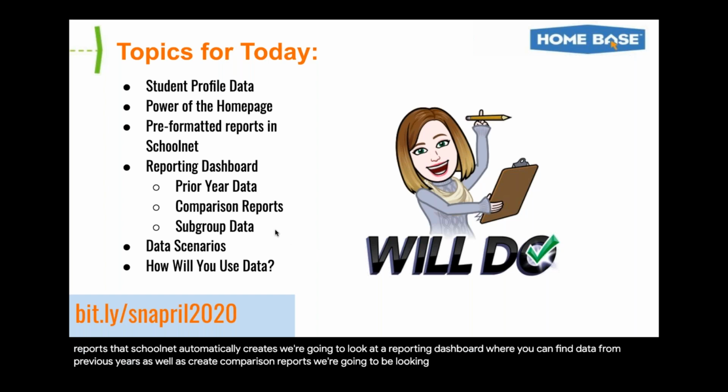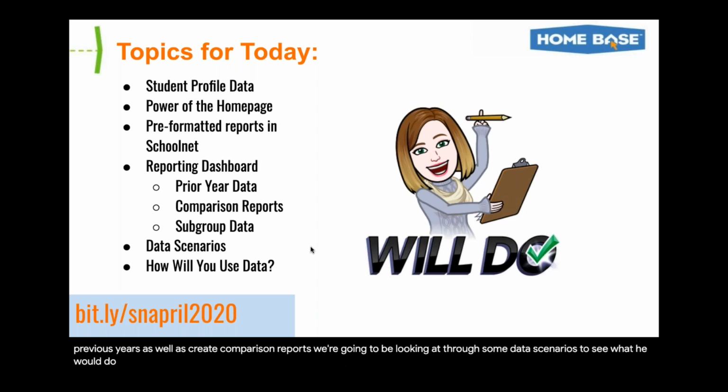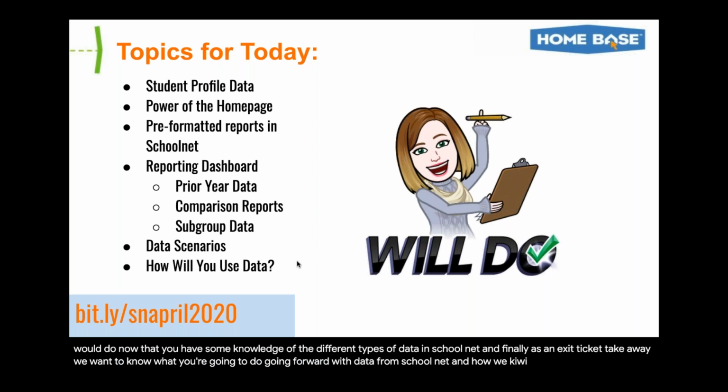We're going to be looking at subgroup data and then also going through some data scenarios to see what you would do now that you have some knowledge of the different types of data in Schoolnet. And finally, as an exit ticket takeaway, we want to know what you're going to do going forward with data from Schoolnet and how you will use this information.